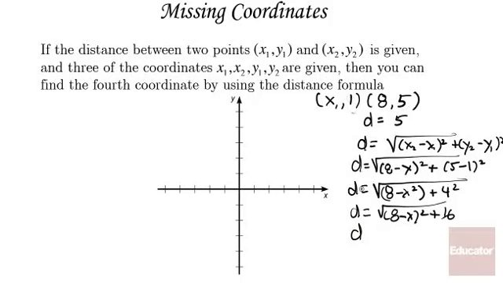Recall that distance is 5. So I'm going to substitute that in. 5 equals the square root of 8 minus x squared plus 16. 5 squared equals 8 minus x squared plus 16.